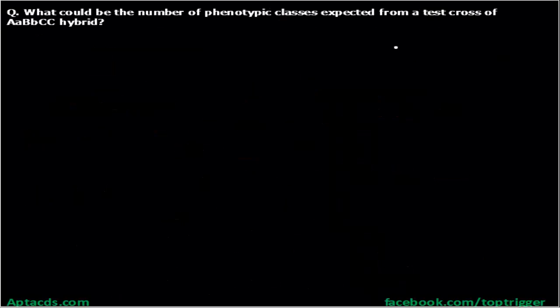Now again, this is a very typical question of Mendelian inheritance, in which the number of phenotypic classes is asked with reference to any test cross. So first of all, let's consider this test cross. The moment we consider a test cross, the hybrid or given genotype is going to be crossed with a recessive parent, as we know very well.